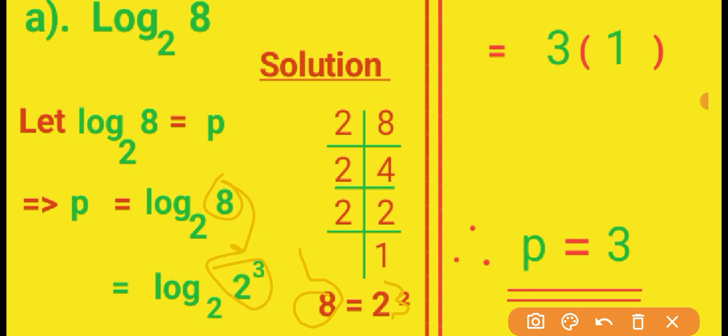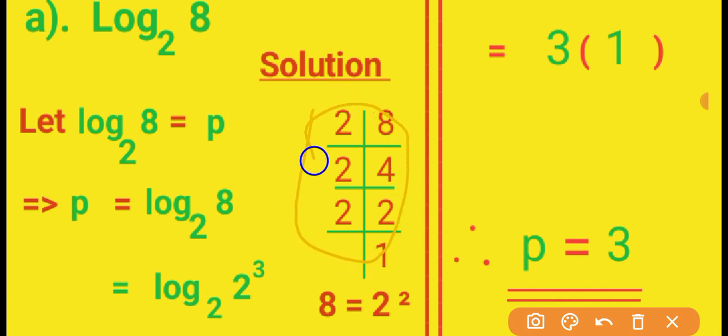And you write that. But what we have done at the side here is the side work. You can even decide not to include it in your work. But what we want to see is that you should be able to convert this 8 to power form. But when you're converting, you divide in each case by the base.